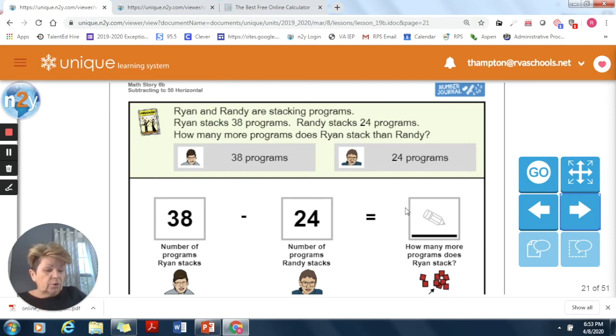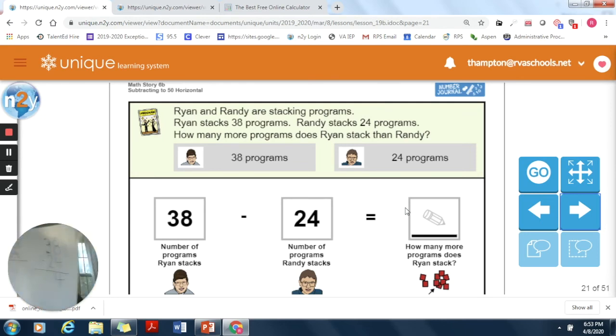Or you can put 3 dots on the 3, and you can X out one of those dots, and we know that leaves us 2 dots. Oh, did I make a mistake? I did. I should have X'd out how many dots? Yes, I should have X'd out 2 dots. So let's look at that again.